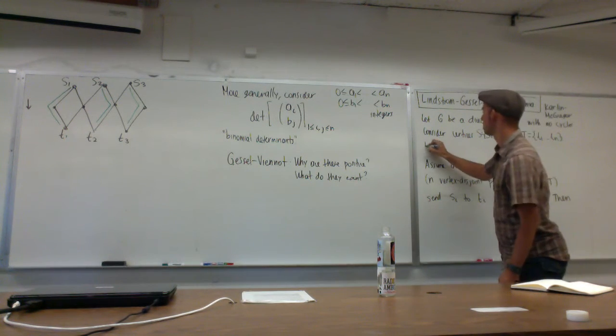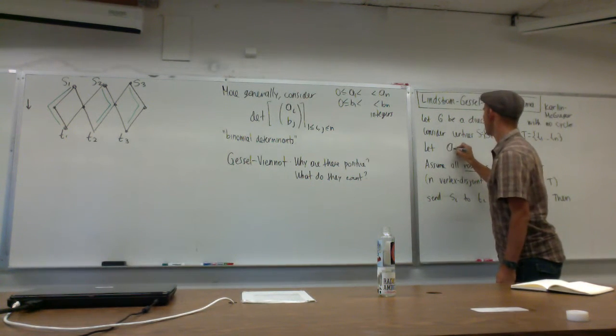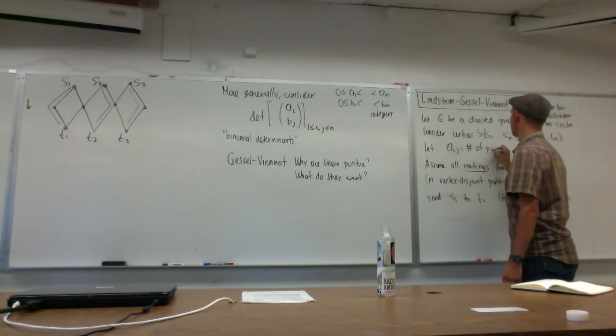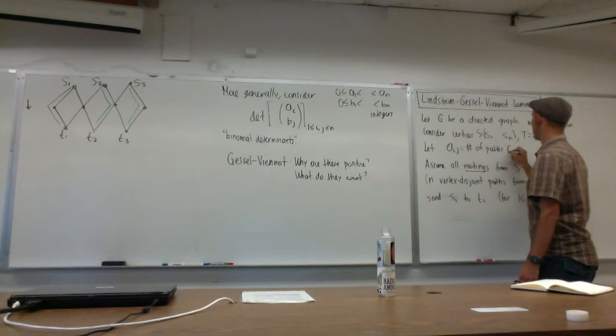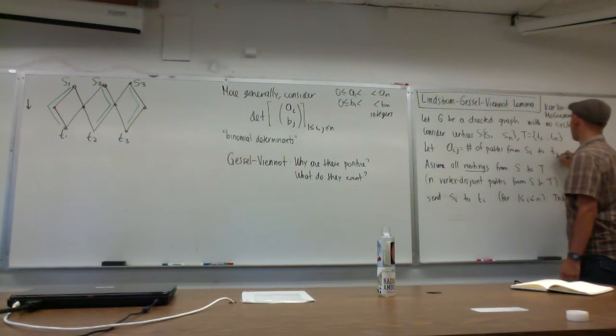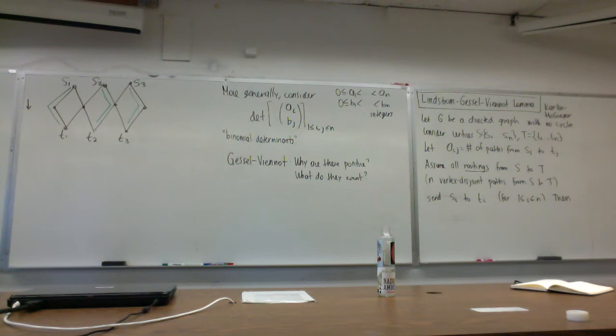So let Aij be the number of paths from Si to Tj. So for every source and every sink, you get a number which says how many ways there are to go from Si to Tj.